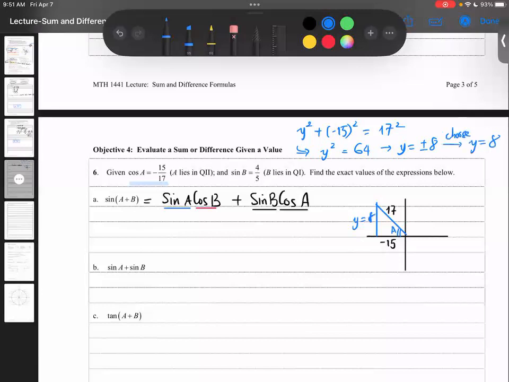Now you can find sine of A, right? Side A is opposite, which is 8, divided by hypotenuse, which is 17. So 8 divided by 17.